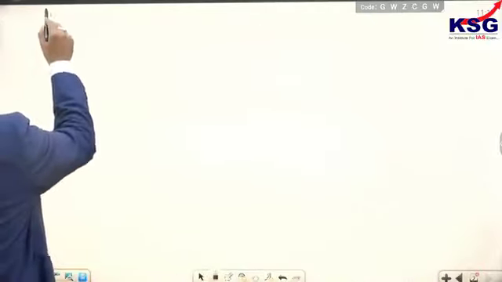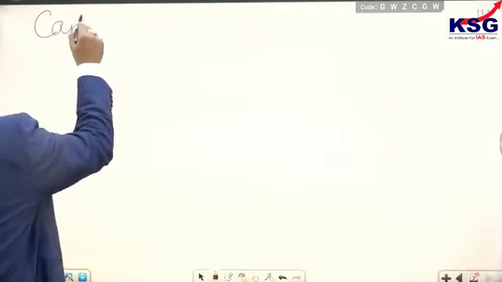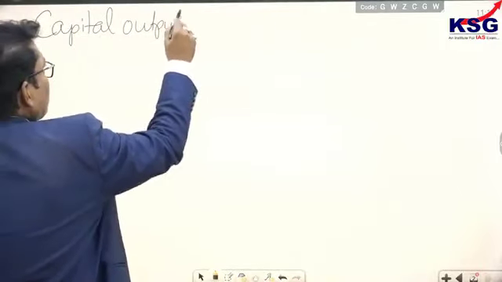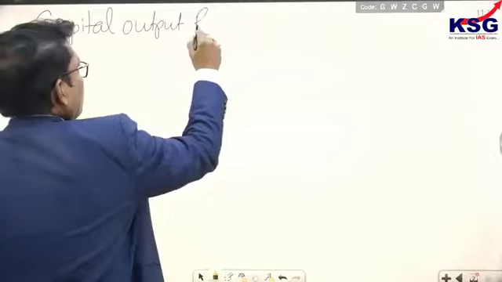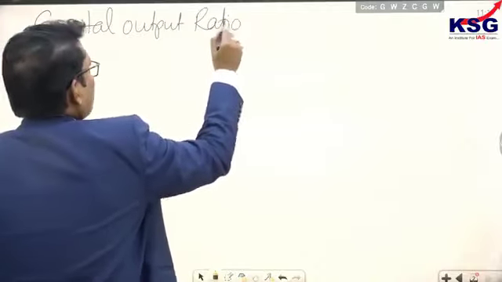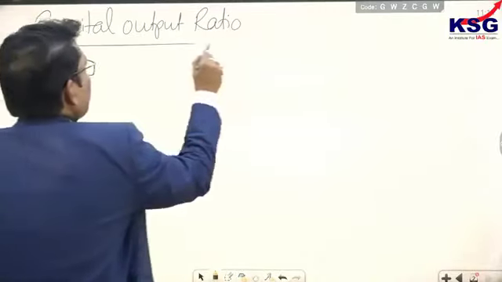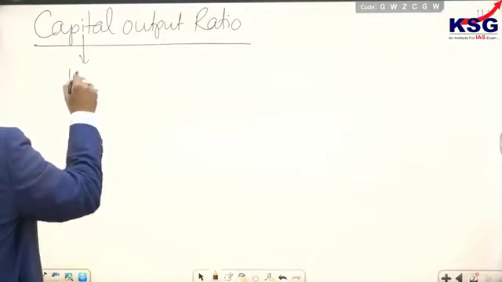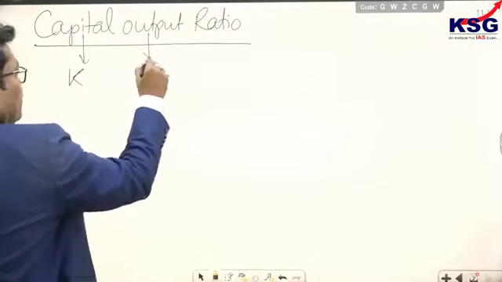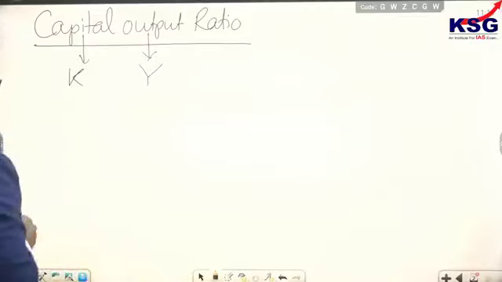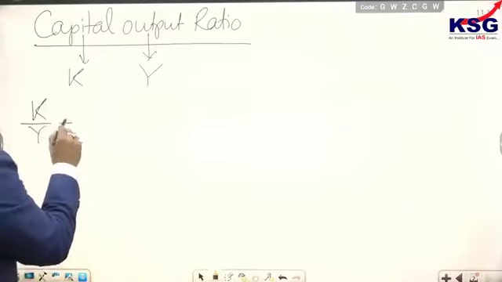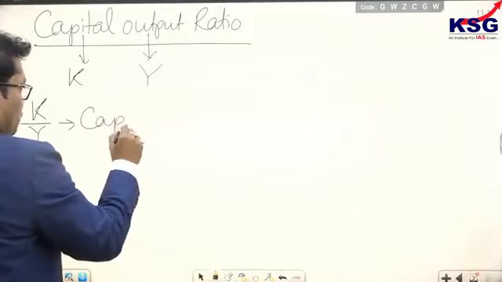One word we are using is capital output ratio. Capital we represent by K and output we represent by Y. If you write K upon Y, it is known as the capital output ratio.